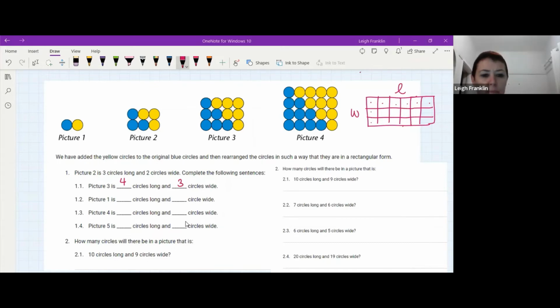Can I please do 1.4? Boypelo said she wanted to do 1.4. So you do 1.2, please, if that's okay. Okay. Thank you. Picture 1 is 2 circles long and 1 circle wide. Lovely. That's very good. Thank you so much.